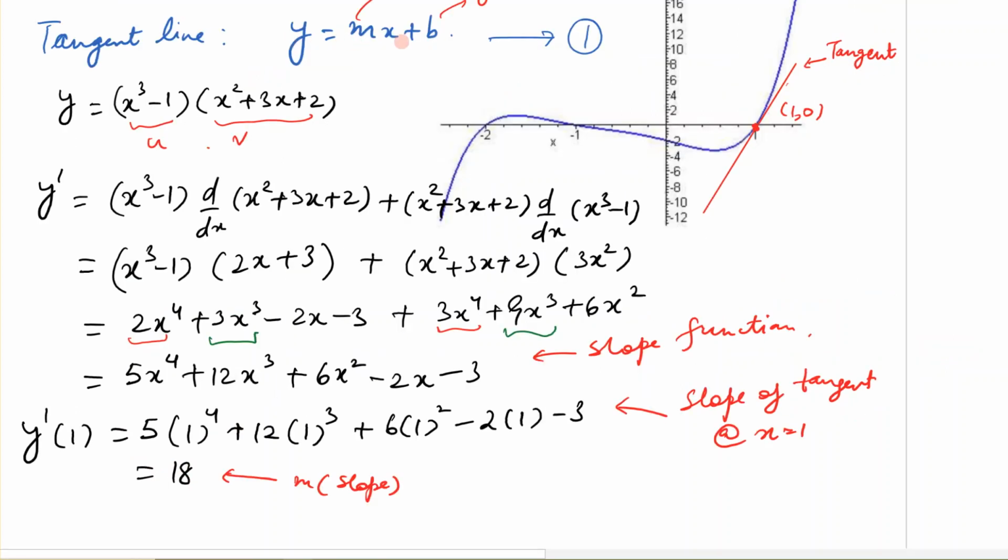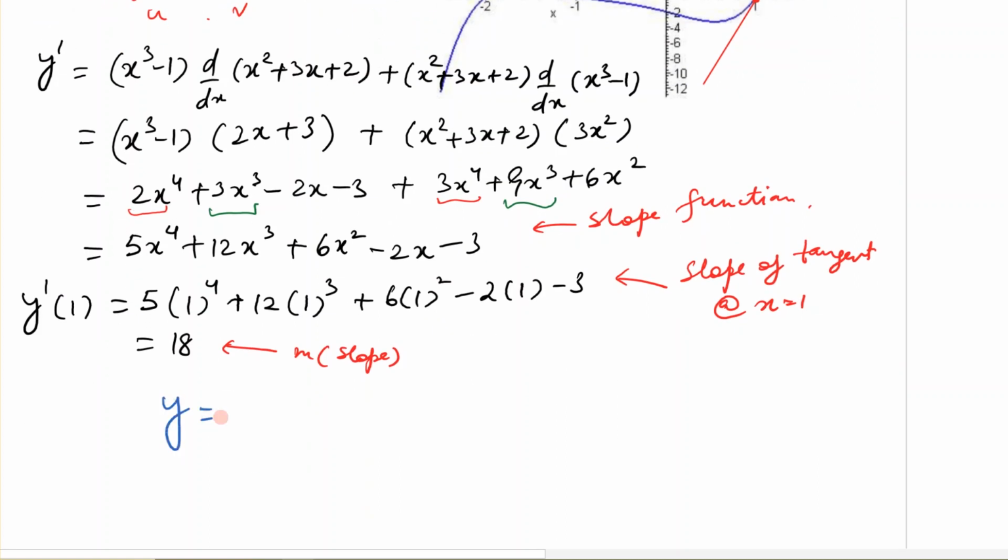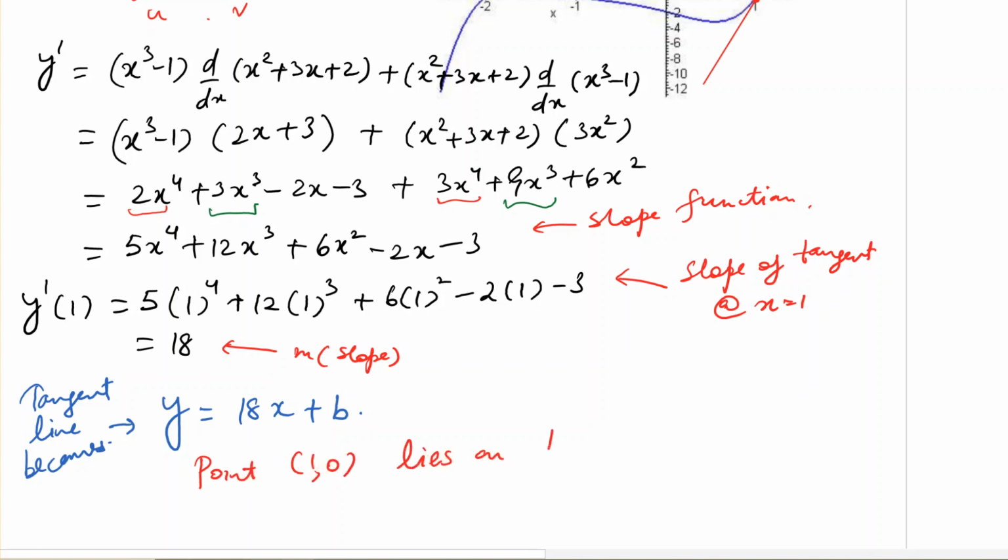Therefore our line y equals mx plus b becomes y equals 18x plus b. This is our tangent line. Now we need to find the value of b, the y-intercept. We use the fact that the point 1, 0 lies on the tangent line.